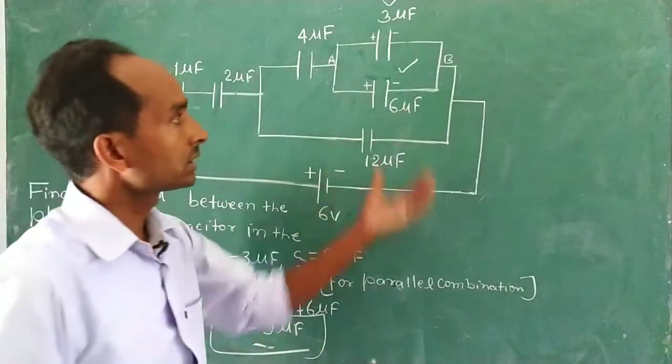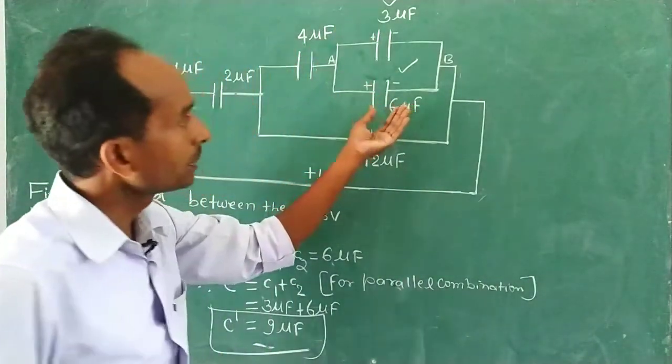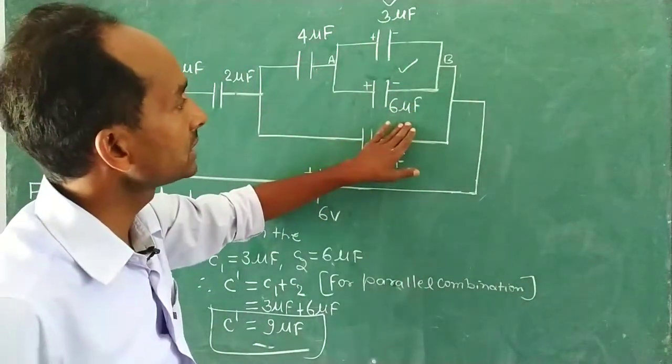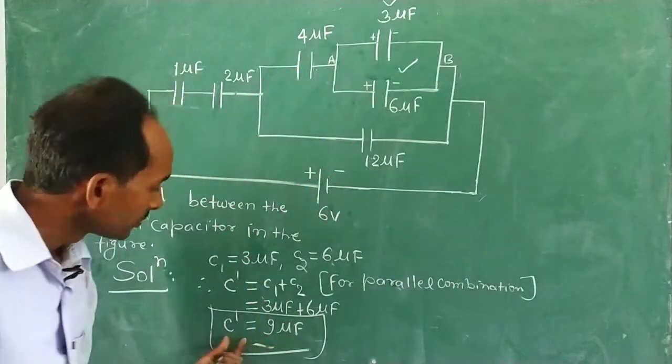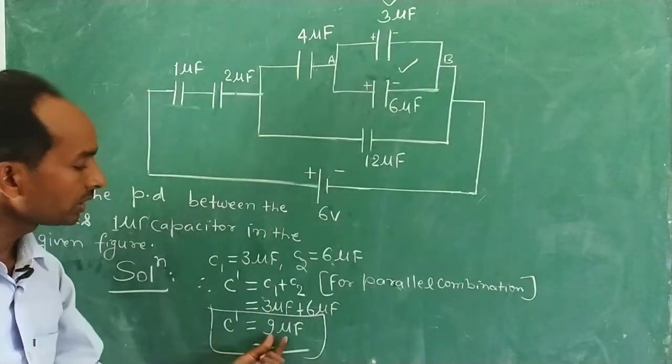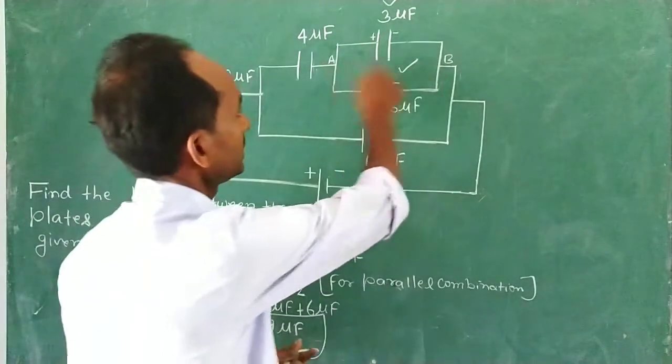Now, this circuit is reduced by replacing the 3 microfarad and 6 microfarad capacitors with only one capacitor whose value is 9 microfarad.